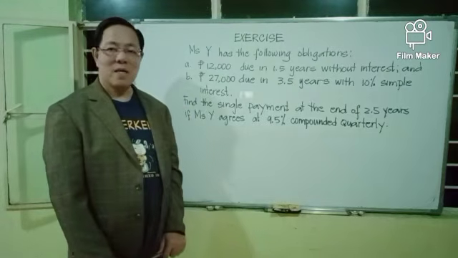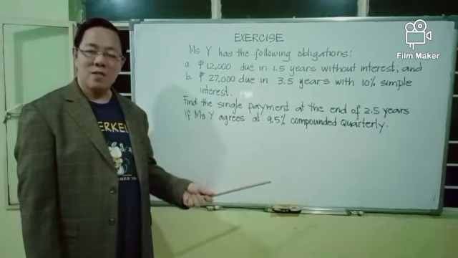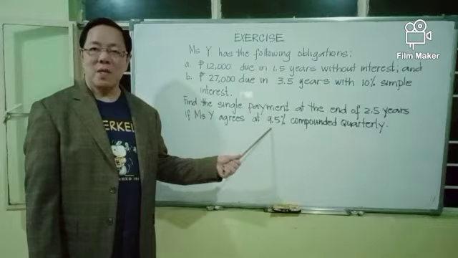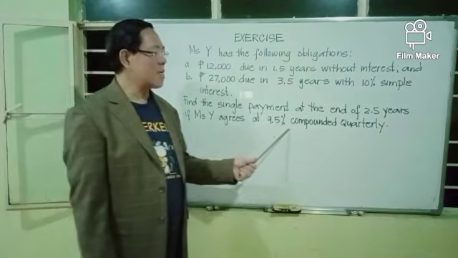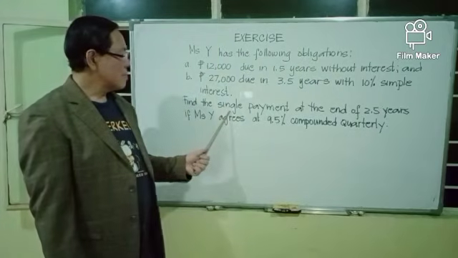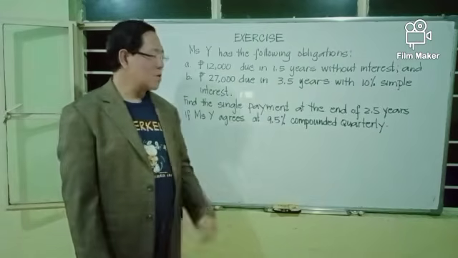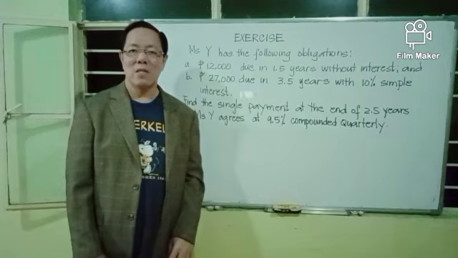And then you find the values of the maturity values of these two obligations at the comparison date that you will choose, using this interest rate that Ms. Y has agreed with the bank, 9.5% compounded quarterly. And you also find the value of the single payment at your chosen comparison date using 9.5% compounded quarterly.